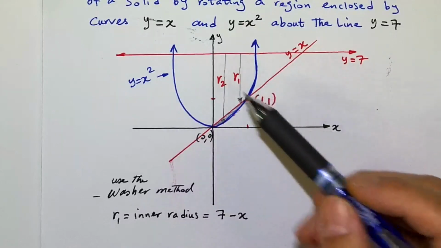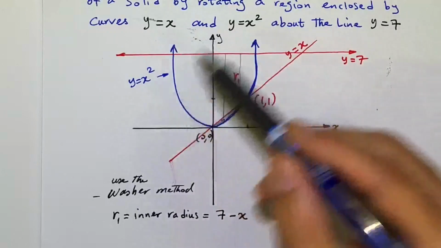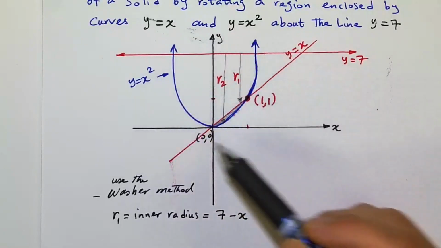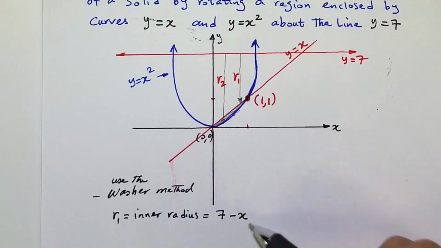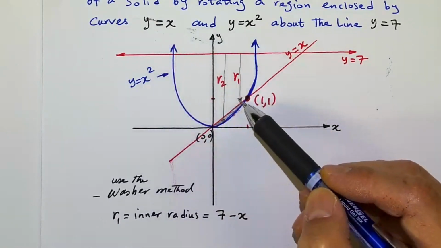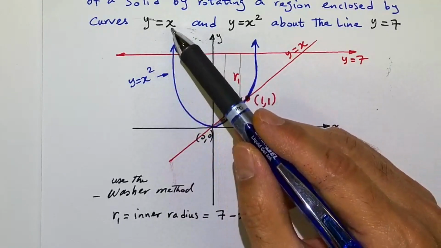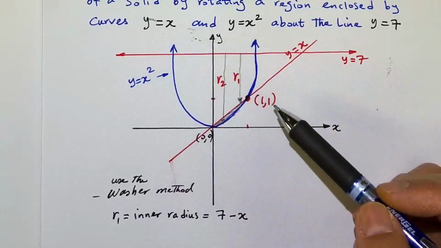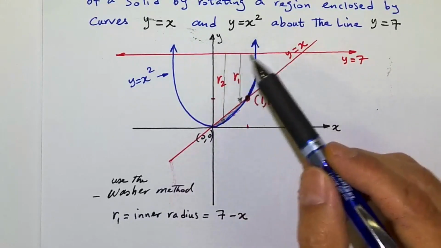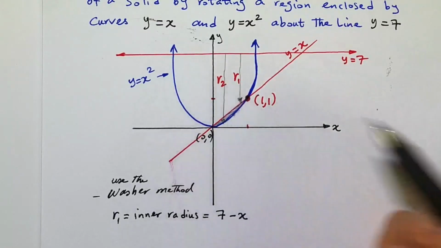And because x and y are equal to each other, and we're integrating about a line that is parallel to the x-axis, we want to write the inner and the outer radius in terms of the variable x. We know x equals y on that line, so it makes no difference if you say x or y. Of course, we want to use x because we're integrating with respect to this horizontal line. So I kept x rather than y.